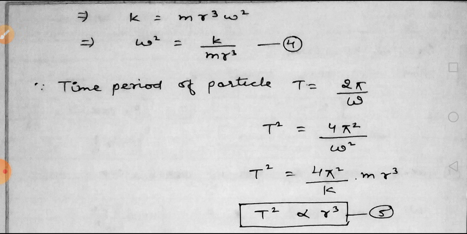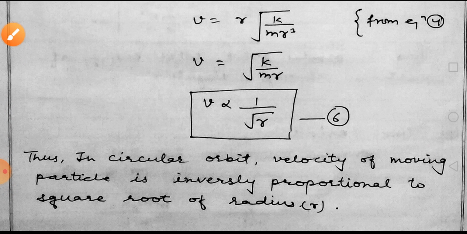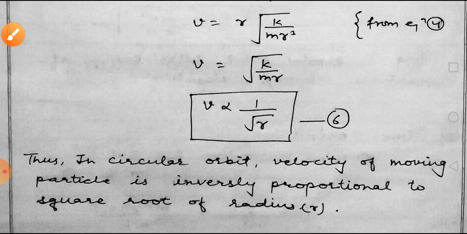If we take this r inside the bracket, then r square, and r square with r cancels one r, then k upon m r, and k upon m is a constant quantity, so v is inversely proportional to square root of r. So in circular orbit, velocity of the moving particle is inversely proportional to square root of radius.